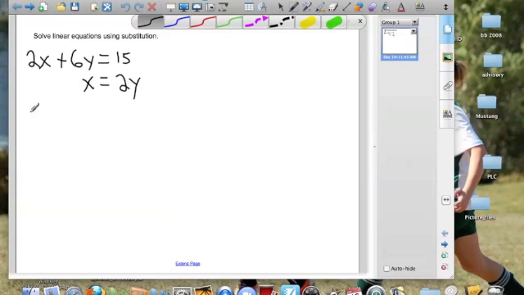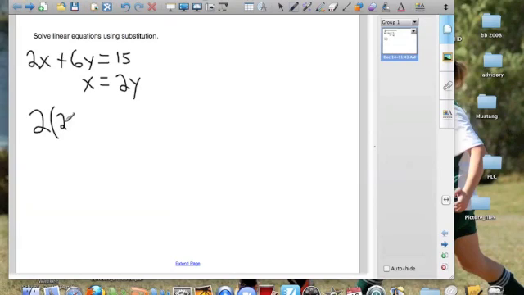So here we go. Let's go 2 times 2y plus 6y is equal to 15. So again, we substituted the 2y from the second equation into the first equation for x. So we're going to solve for y first here.